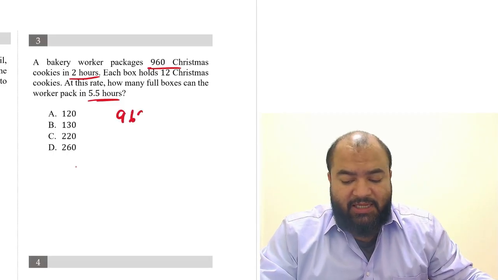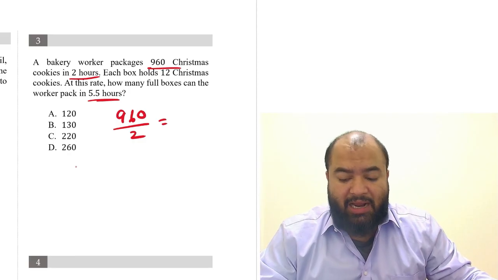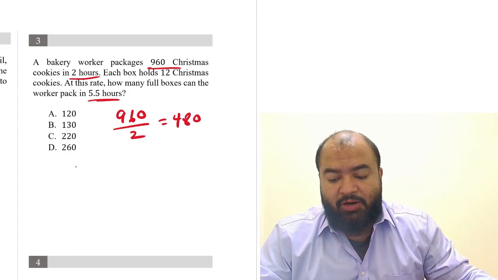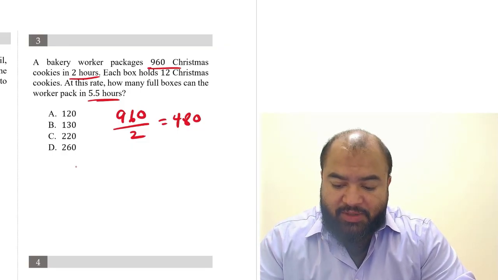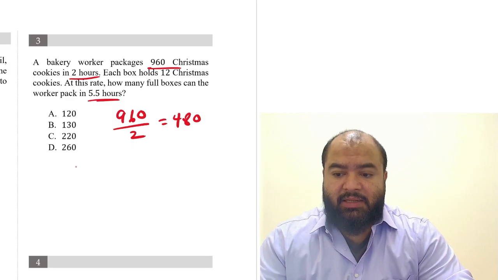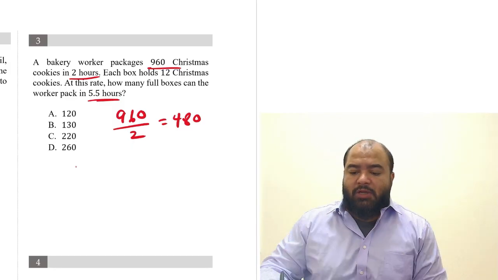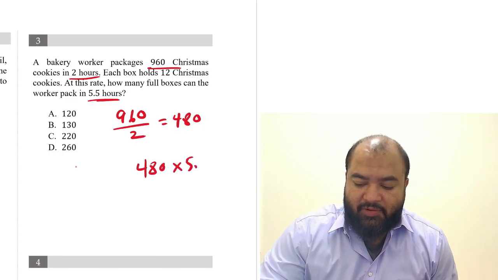So 960 in 2 hours. You can divide by 2 to see how many per hour. That's 480 per hour, right? Now, how many full boxes can the worker pack in 5.5 hours? I can multiply 480 by 5.5.